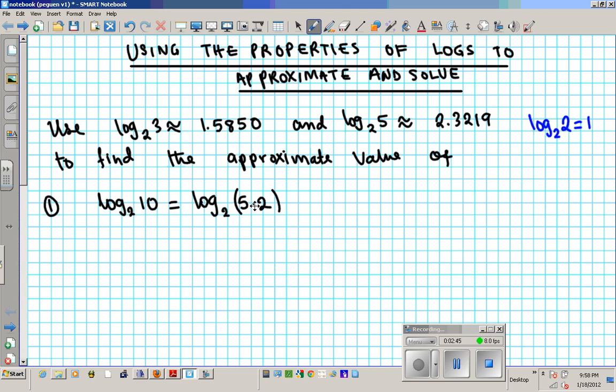So what is multiplication in the log world? When you multiply numbers in the log world, what you're doing is adding. Multiplication of numbers is the addition of logarithms. That's why logarithms were invented, right? So that becomes log base 2 of 5 plus log base 2 of 2.